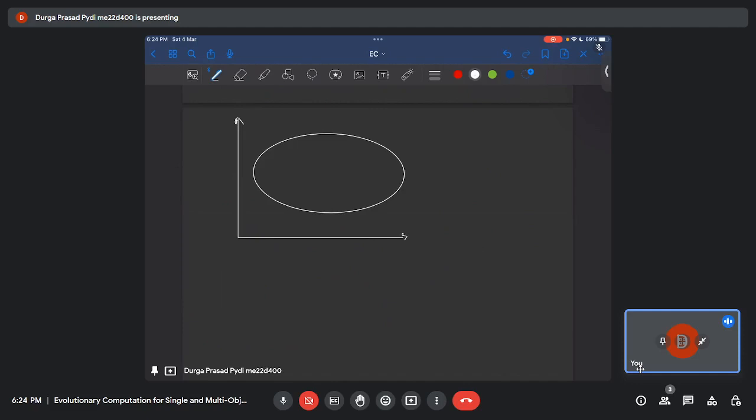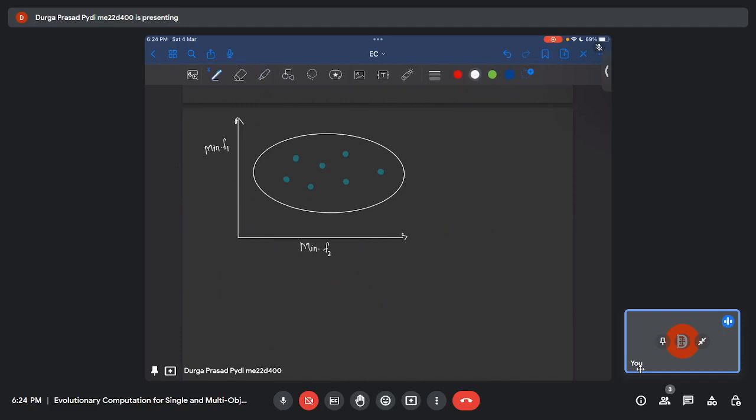Say this is your objective space, and your objective is to minimize f1 and minimize f2. So the idea is, can we say whether one point is better than another point? How can we compare two different solutions in this objective space? That is the whole idea we will be having when we discuss multi-objective optimization.